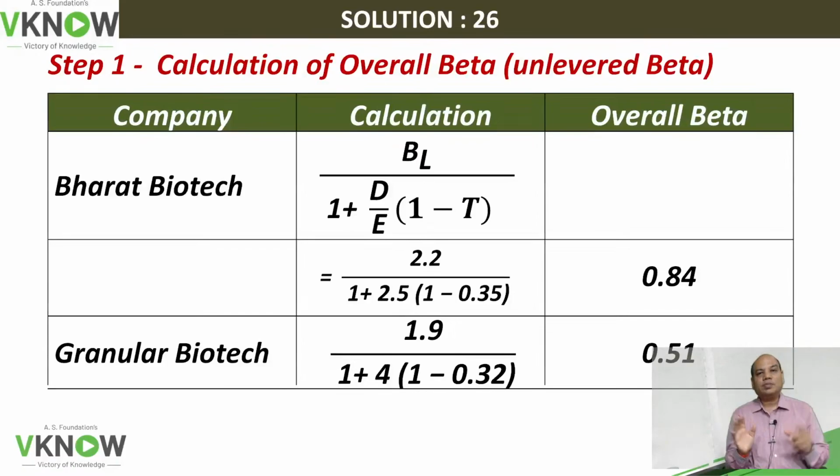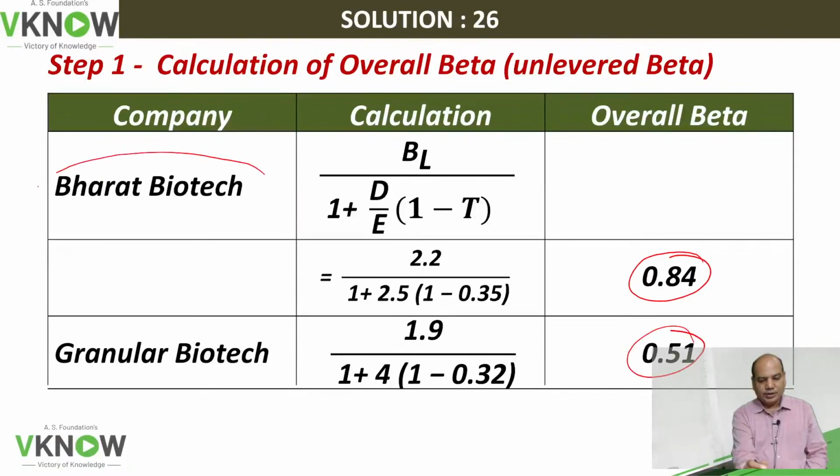That time don't get surprised. Practice now. More practice now is more useful for exam. Is the answer 0.51? So these are the overall betas based on these two companies.